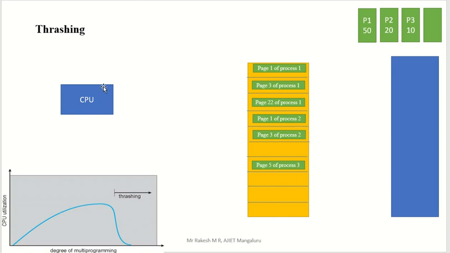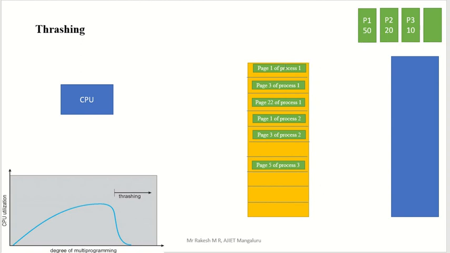Now page 4 of process 1 is asked by the CPU. Is page 4 there? No. So what is the job of the OS? The job of the OS is to take the page from secondary memory to main memory. So that is also a page fault. Here 50 pages are there, but only 3 frames are allocated. Totally we need 80 frames, but only 10 frames are there.